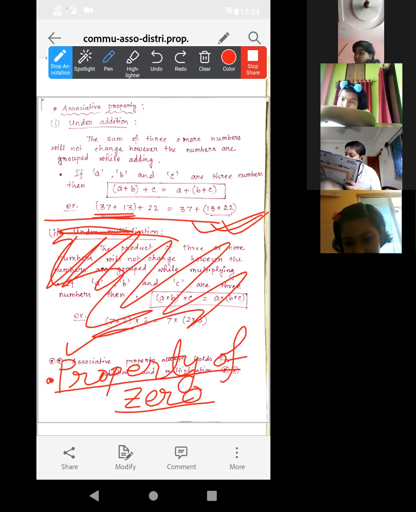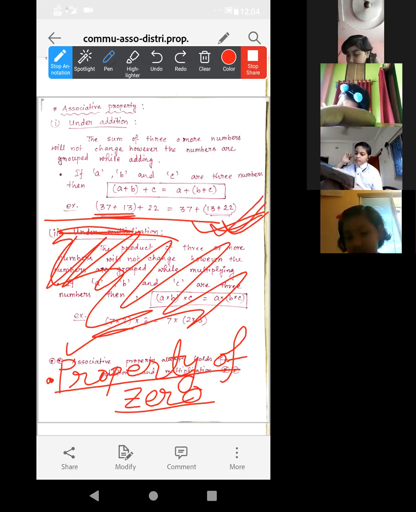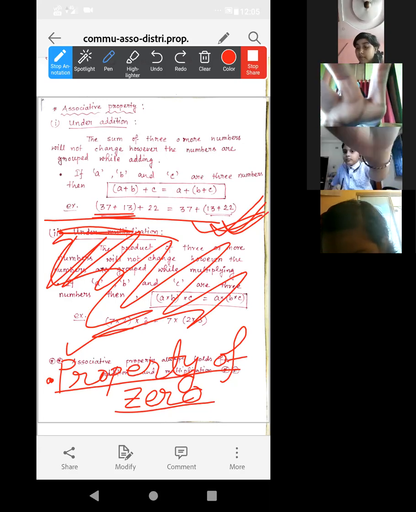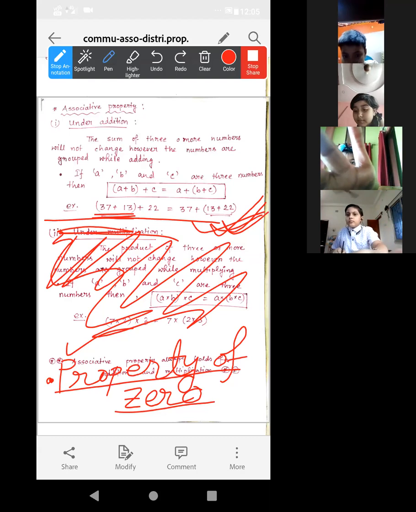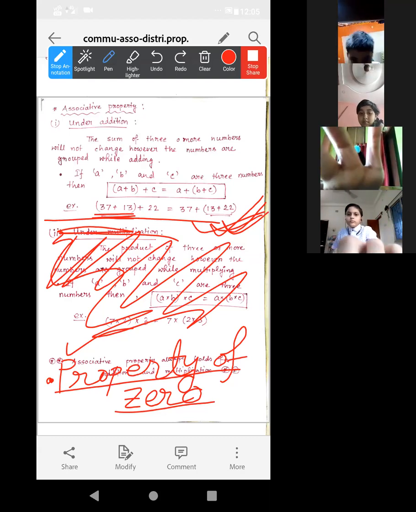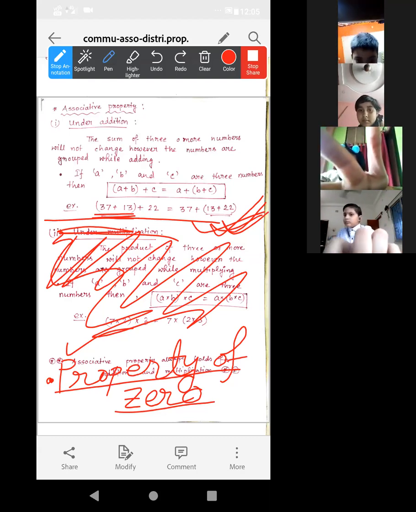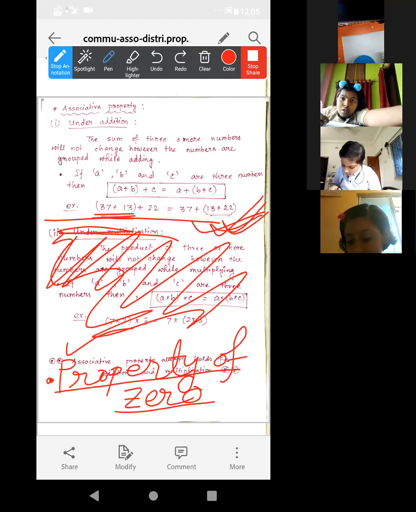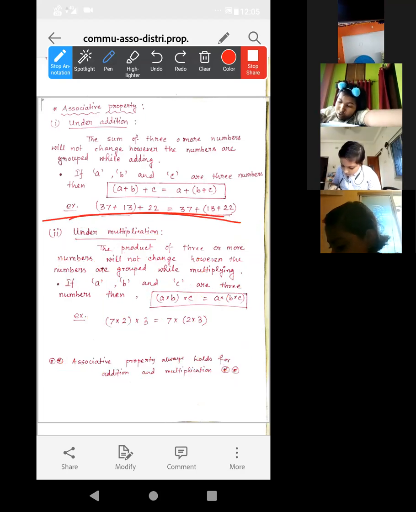All of you, just let me check. All of you done up to this, so then I can move the screen. That associative property under addition is done, so all of you say. Just shake your head. I am waiting. Then at first do up to this, then I'll move to property of 0.